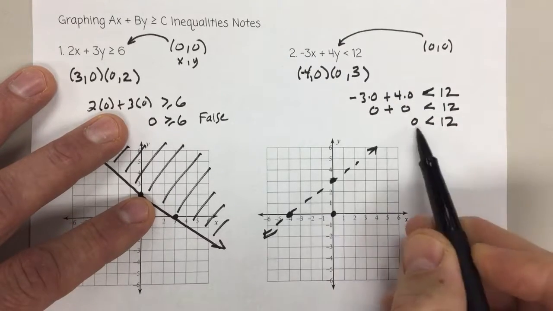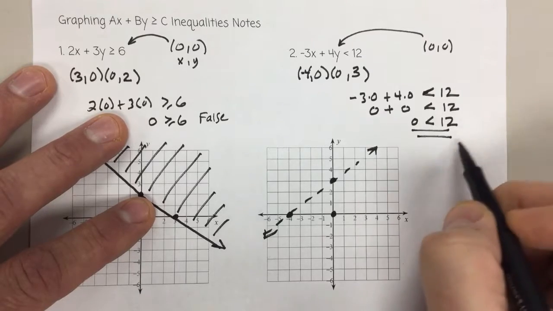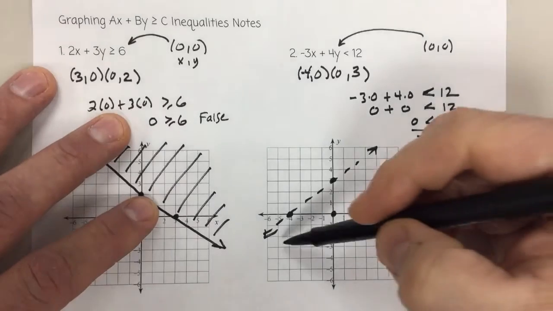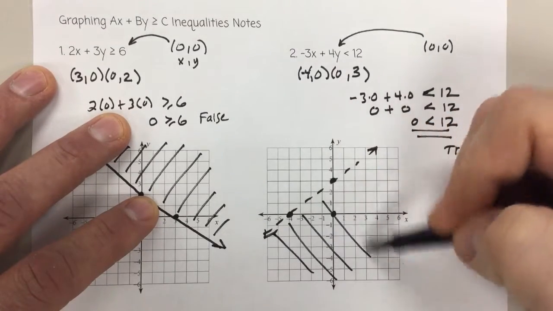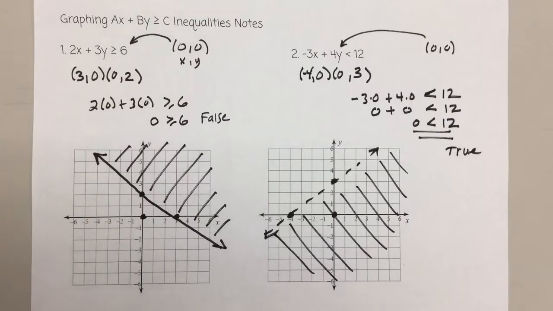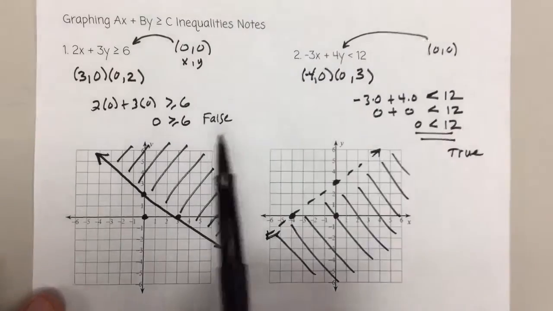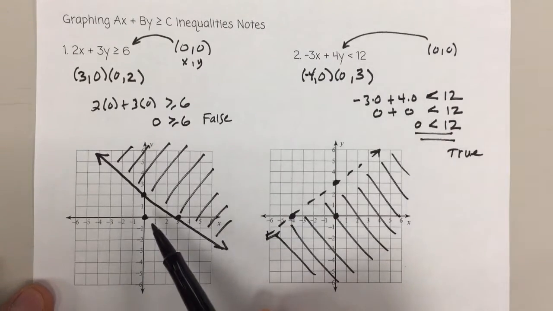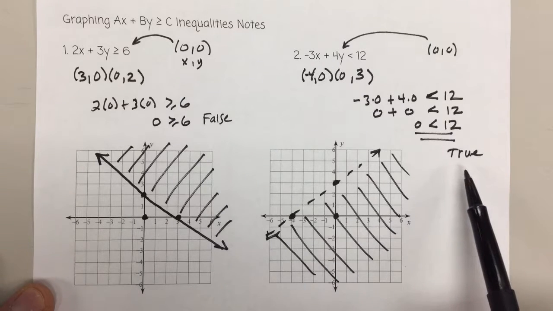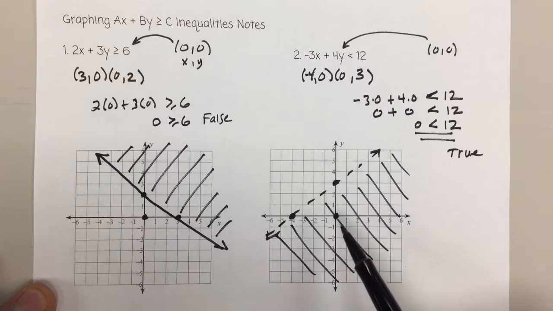So since this point worked, gave me a true statement, that is the side of the line I should shade. So a false statement means that point's not part of the shading, and I should shade the other side. If I end up with a true statement, I should shade on the side of the point I chose.